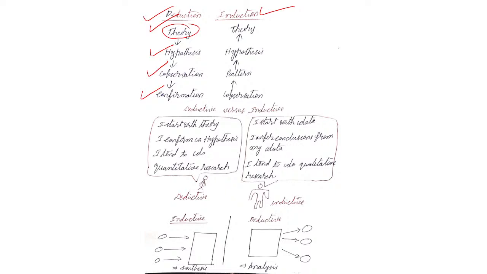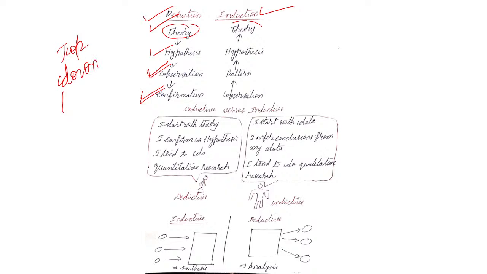In deduction, initially we take a theory, make a hypothesis from it, then observe, and finally we confirm.